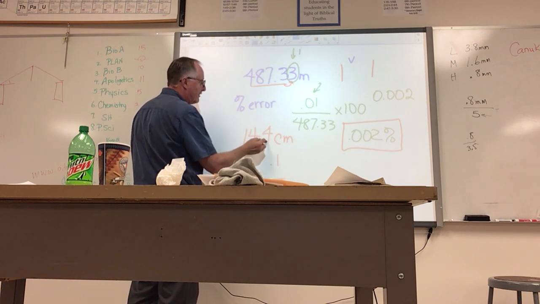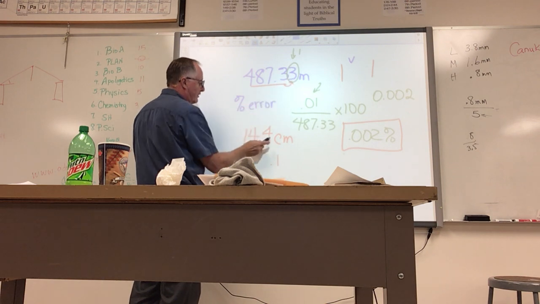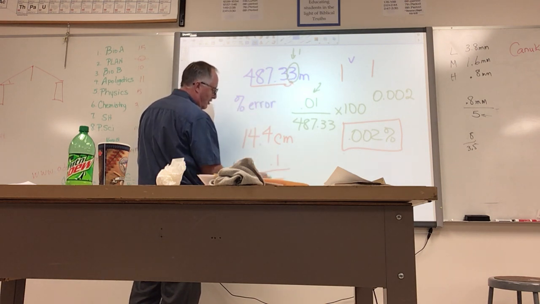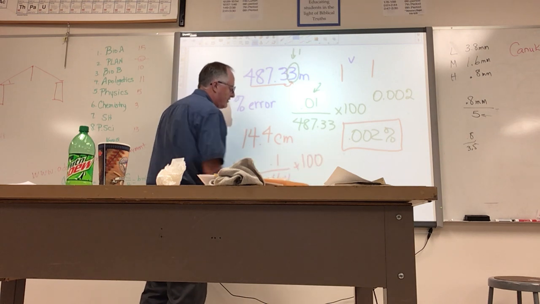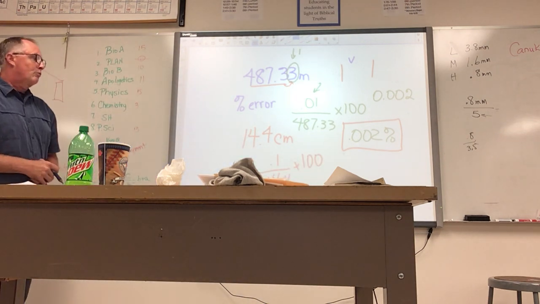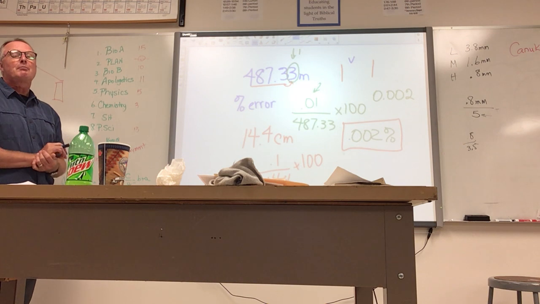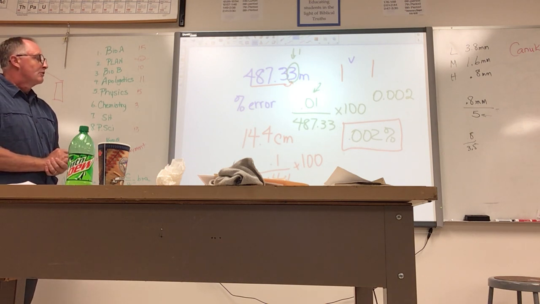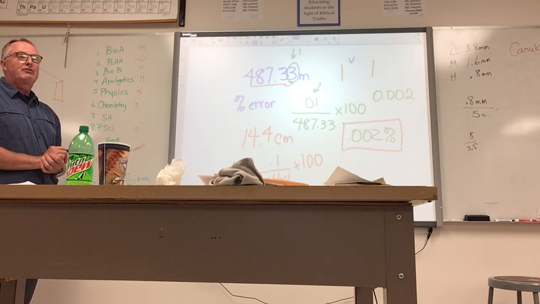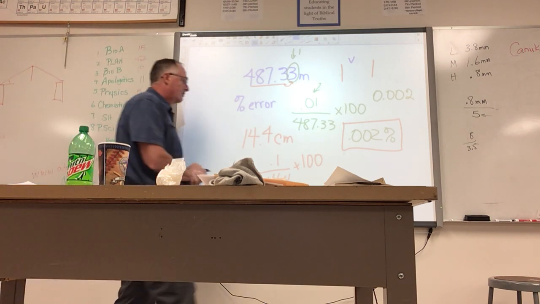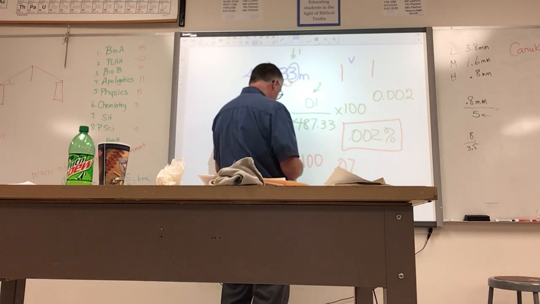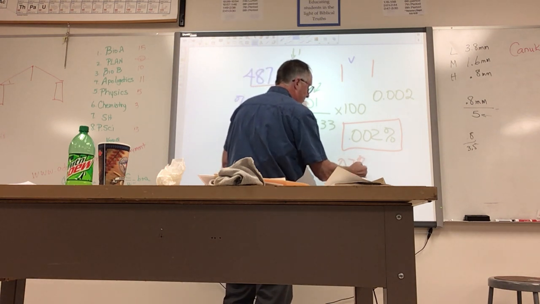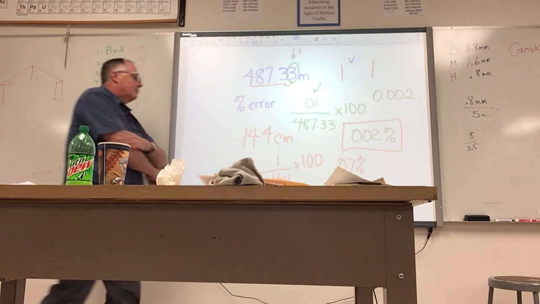Now it's a tenth. Here I went to the hundredth, here it only goes to the tenth, so 0.1 over 14.4, and again, we'll make it a percent times 100, and this one, still not going to be huge, but it's going to be much larger than the 2/1000ths of a percent. 0.069, so 0.07, because I still only get one place, 0.07%.